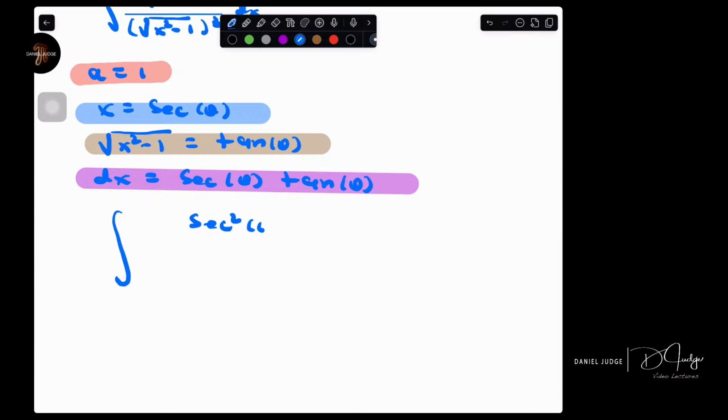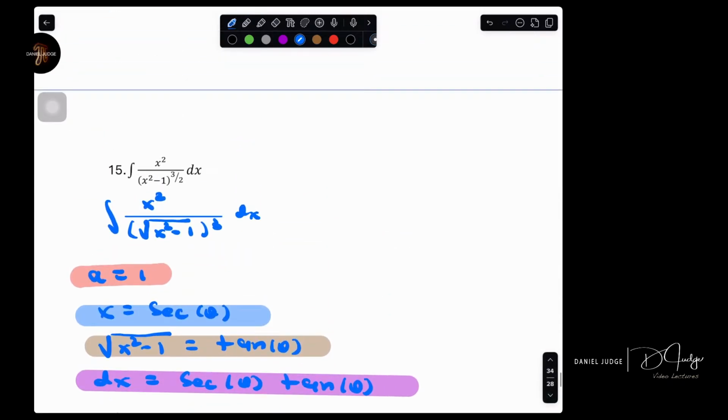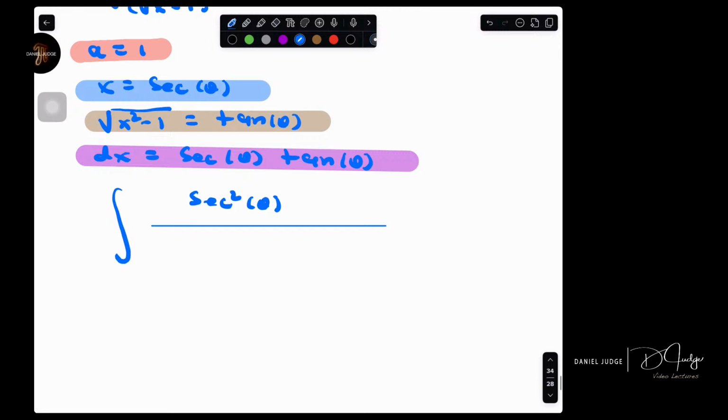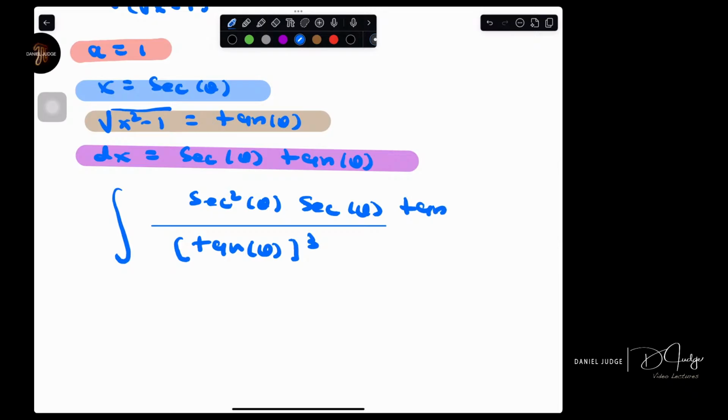X squared is really secant squared. The radical is being raised to the third power, so that's just really tangent theta raised to the third power, and then your dx is going to be secant theta tangent theta d theta.